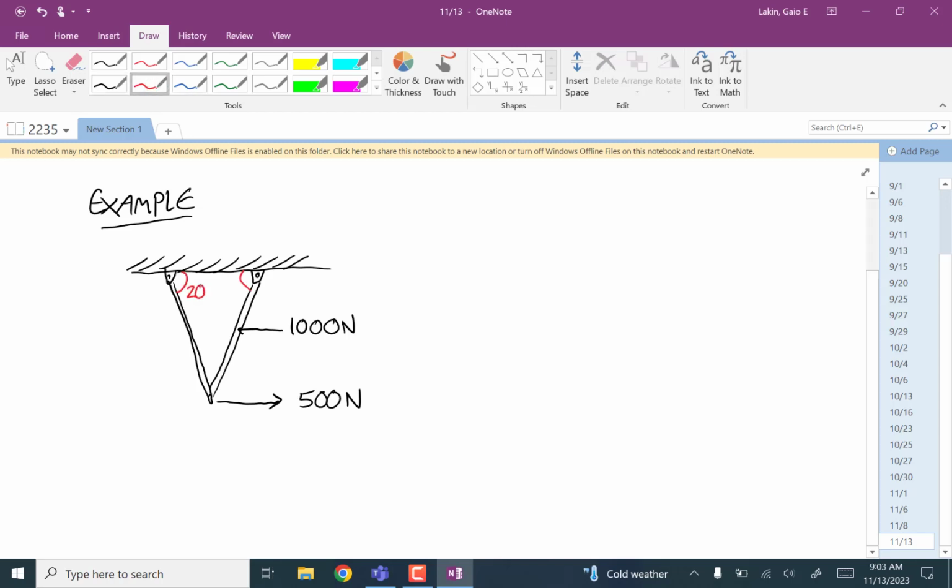Let's say that these angles are 20 degrees from, so 70, I guess. And the lengths are 2 meters. And the masses are 40 kilograms.